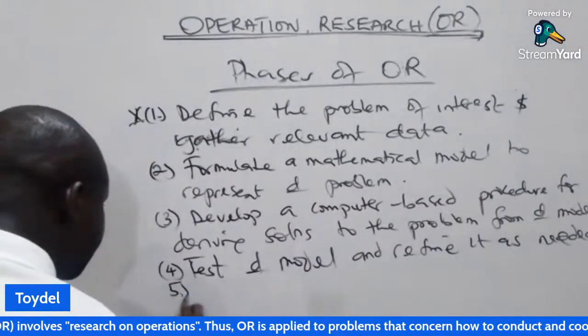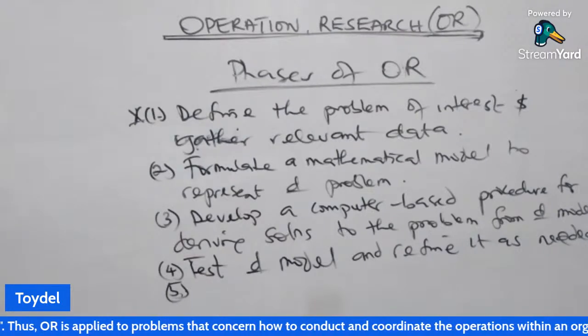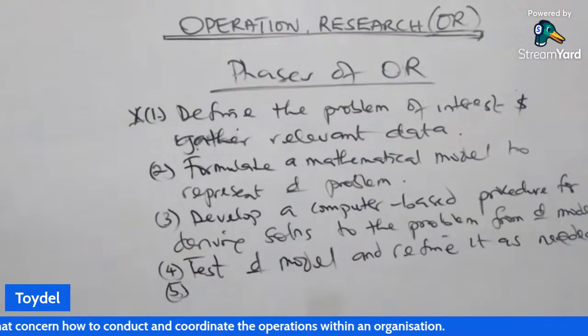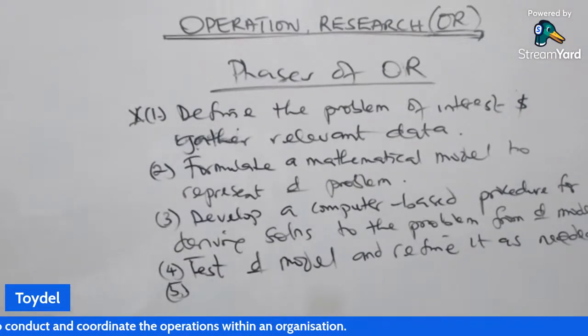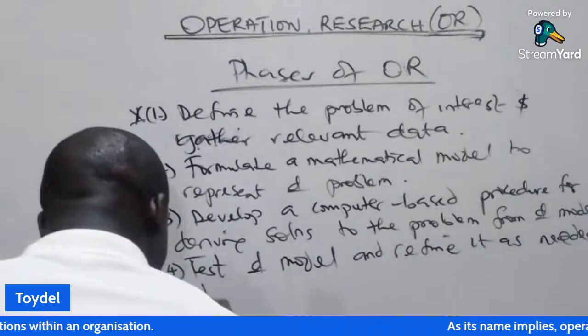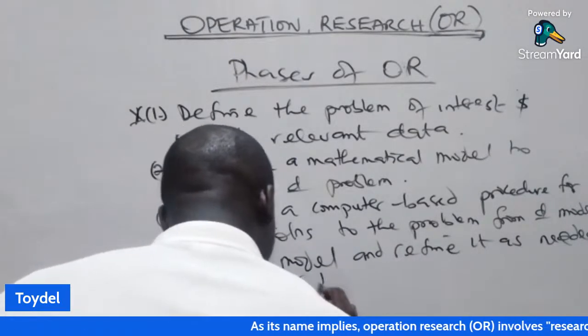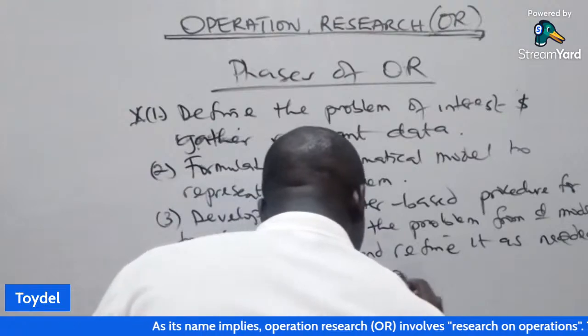The fifth step is that we prepare for the ongoing application of the model as prescribed by management. Once we test the model and refine it as needed, there's need for preparation.